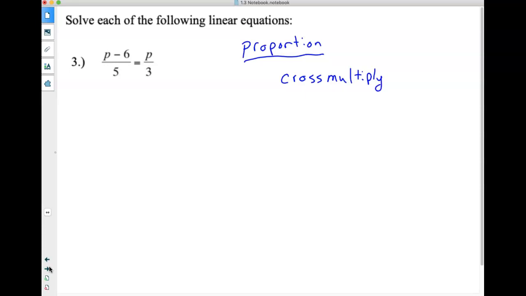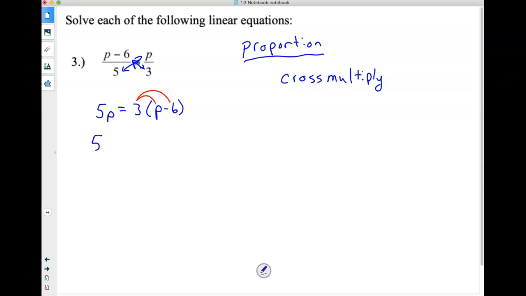So what I'm going to do is I'm going to take 5 times p. Well, that gives me 5p that equals, when I cross multiply here, technically I have 3 times the quantity p minus 6, and I'm writing this step out. I typically would mental math that, but it's important that I see that 3 is times p and the 6. I need to distribute that.